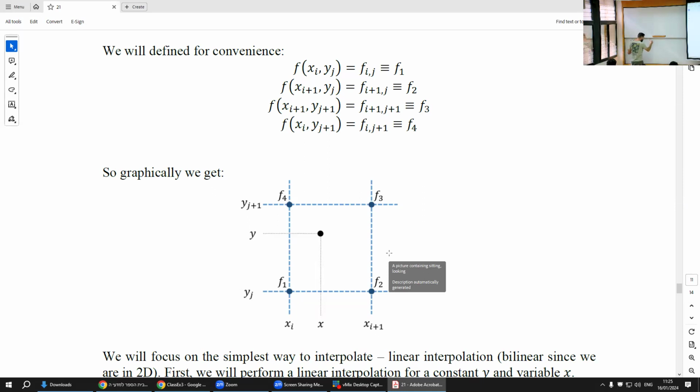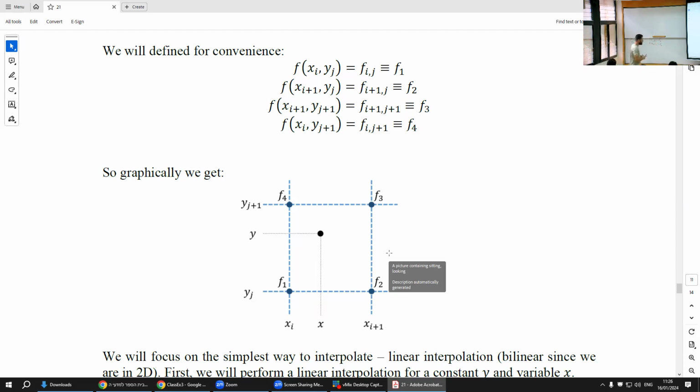And f at x1, y2 is f4, I think, and f at x2, y2 is f3.